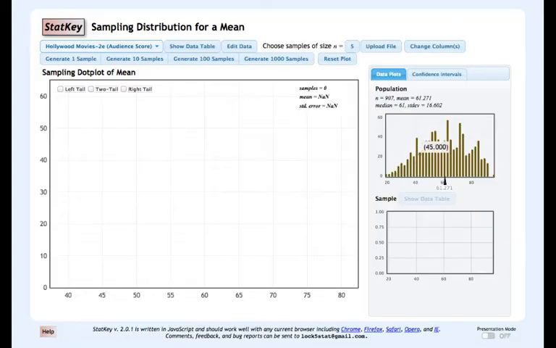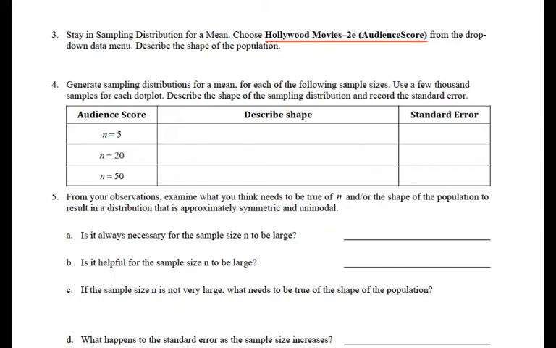But first let's look at this population. Very different shape. I wouldn't quite call this bell-shaped, but I would call it close to symmetric and unimodal.